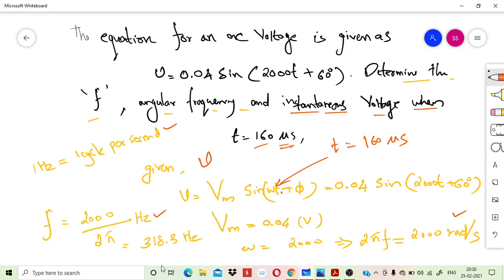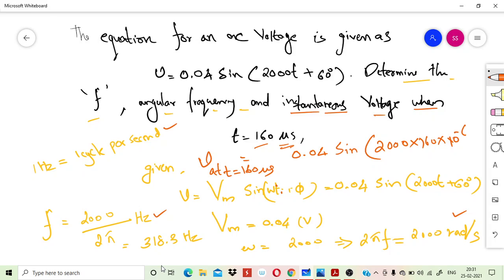So V at t equals 160 microseconds will be equal to Vm, that is 0.04 sine (2000 into 160 into 10 power minus 6 plus the phase angle). So this is omega t.